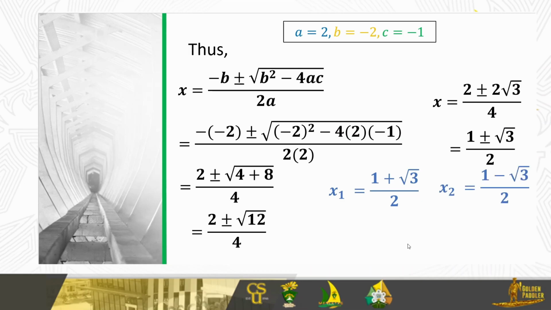And the other value for x is 1 minus square root of 3 all over 2. Upon checking by substituting these two values in the original equation, you notice that these values x1 and x2 satisfy the equation. Thus, the solution set contains these two values of x1 and x2.